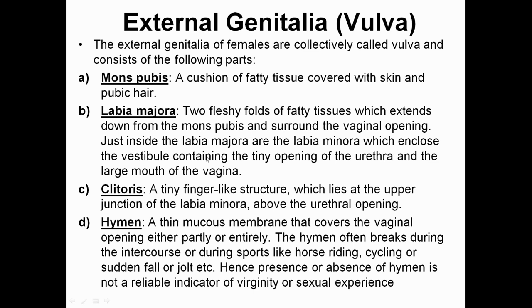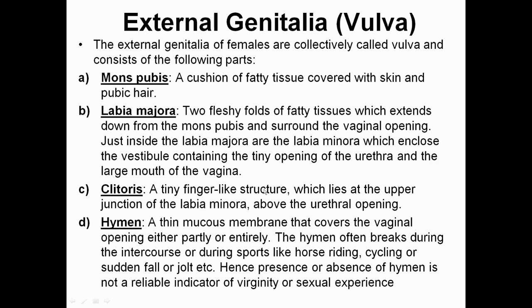Just inside the labia majora are the labia minora, which enclose the vestibule containing the tiny opening of the urethra and ultimately terminate into the wider mouth-like opening that is referred to as the vagina. Clitoris is a tiny finger-like structure which lies at the upper junction of the labia minora above the urethral opening.